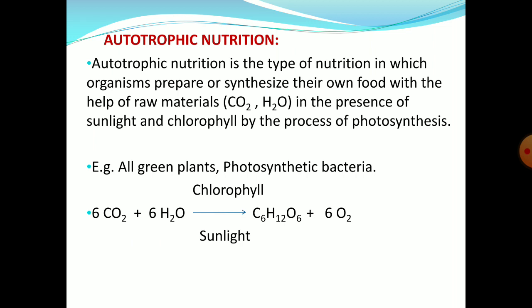Examples of autotrophic nutrition are all green plants and photosynthetic bacteria. This is the reaction of photosynthesis where carbon dioxide and water undergo anabolic reaction to form carbohydrate, that is C6H12O6, and oxygen in the presence of chlorophyll and sunlight.